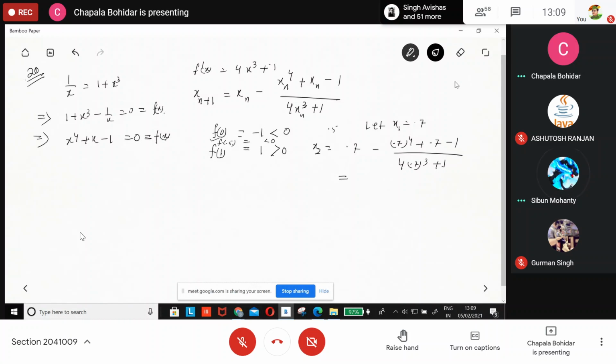Is it correct? f of 1 is equal to 1 or not? I am getting 1 minus 1 by 5. You are using this one, then you are getting that value.